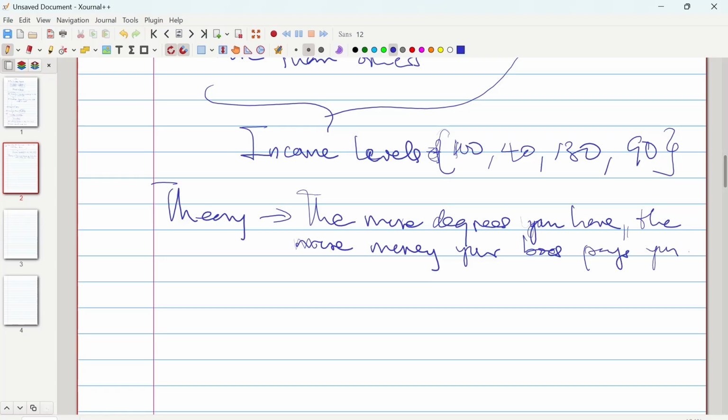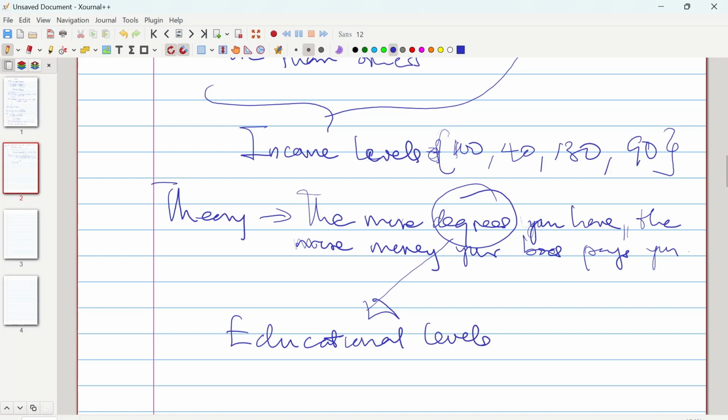Because of this, I have introduced a new variable called educational level. Because I said that the more degrees you have, I am basically saying that educational levels matter for income.